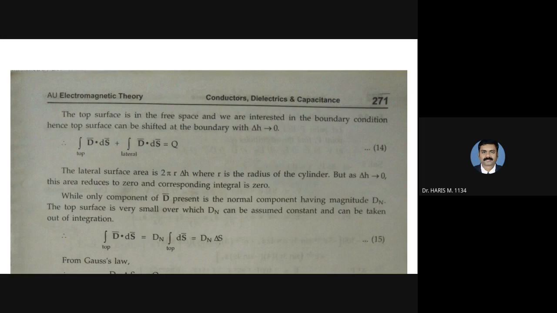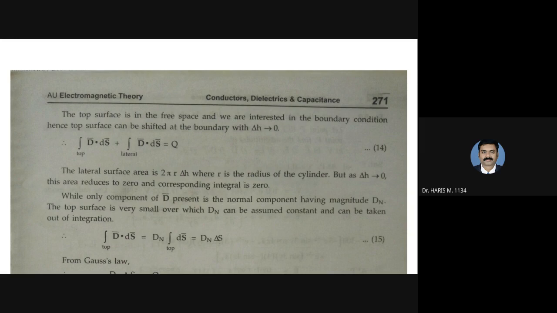So now we have two terms, and the top surface is in the free space, and we are interested in the boundary condition. Hence, the top surface can be shifted to the boundary if delta H is directed to 0, right? So just compress this top surface and bring it just over the boundary region.